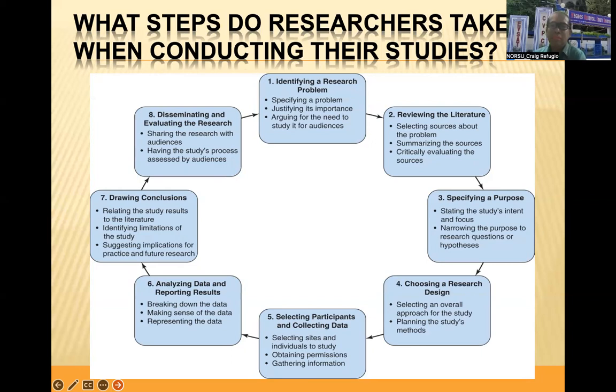Number two, reviewing the literature. Selecting sources about the problem, summarizing the sources, critically evaluating the sources. Why are you going to evaluate the sources? Because there might be a case that these are not the best literature that would actually support your problem, and you should be able to look at different, credible sources.